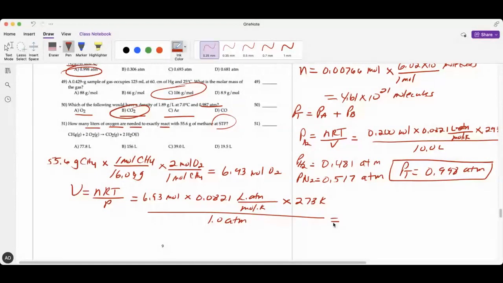So 6.93 times 0.0821 times 273. And I get 155 liters. So that'd be closest to B, 156.